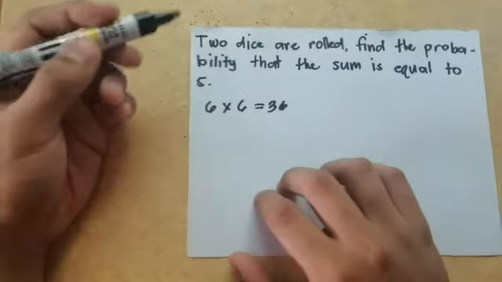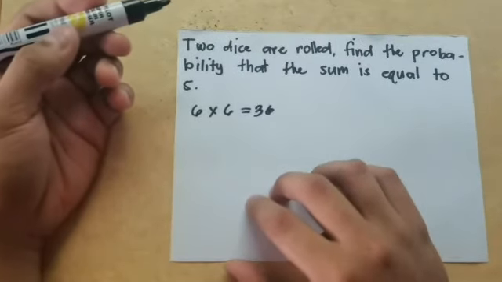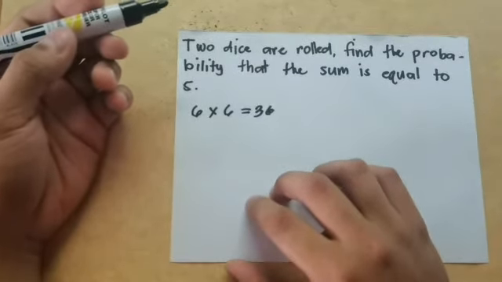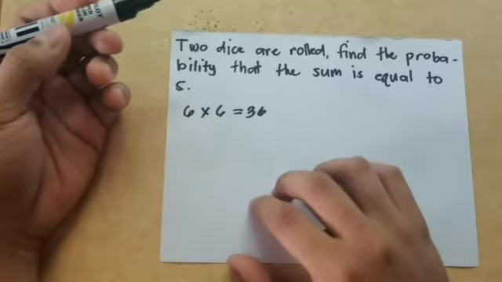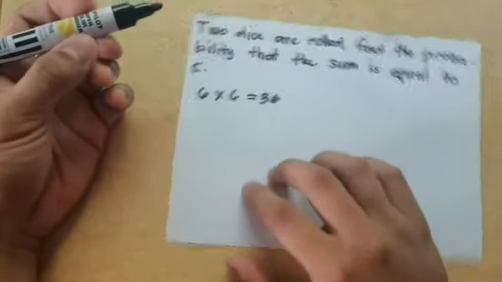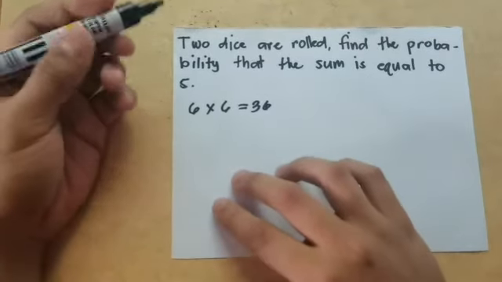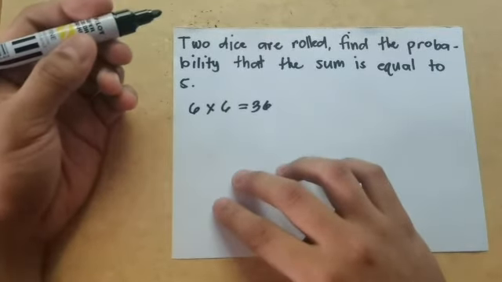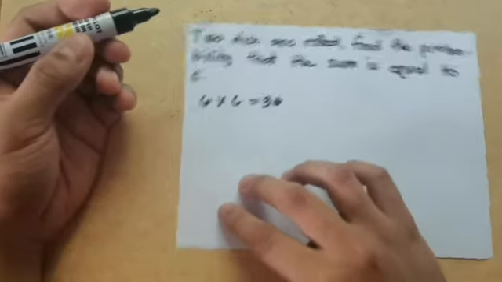So there are 36 total possible outcomes. And the question wants to find the probability that the sum is equal to 5.